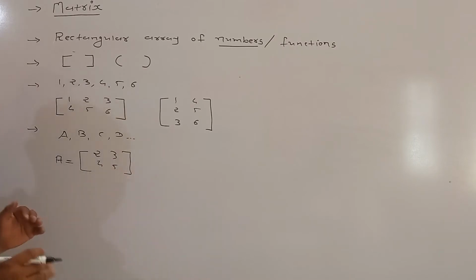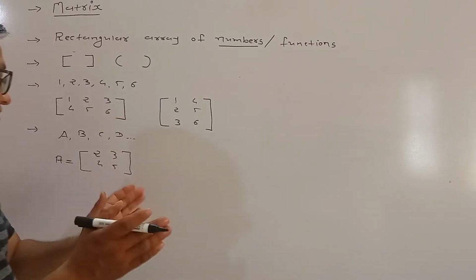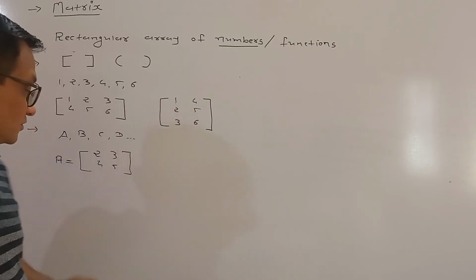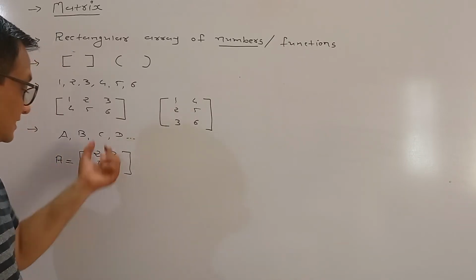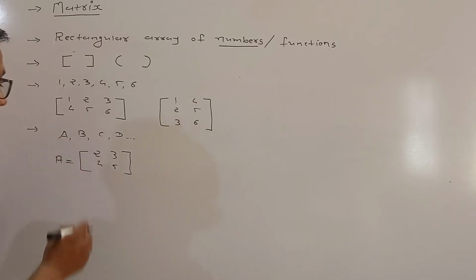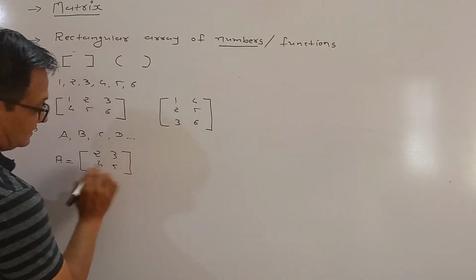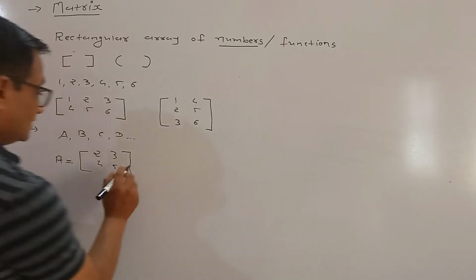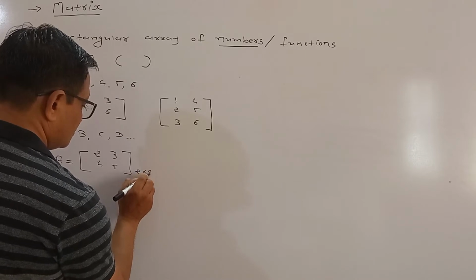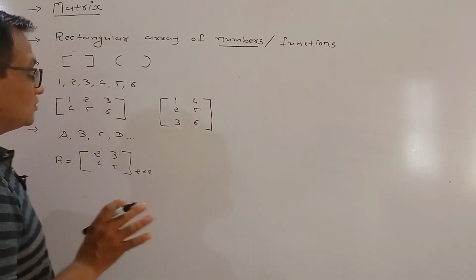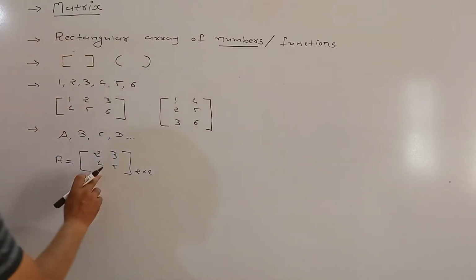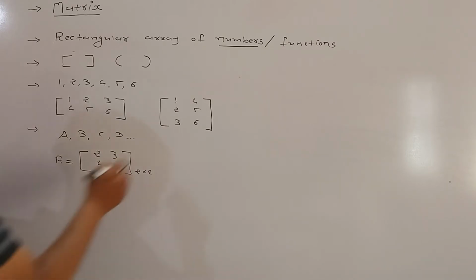So here in matrix A, 2, 3 is our first row, 4, 5 is our second row, 2, 4 is our first column, 3, 5 is our second column. So matrix A has 2 rows and 2 columns, so we write 2 by 2. 2 by 2 means the order of the matrix. It means an arrangement of 4 numbers in 2 rows and 2 columns.